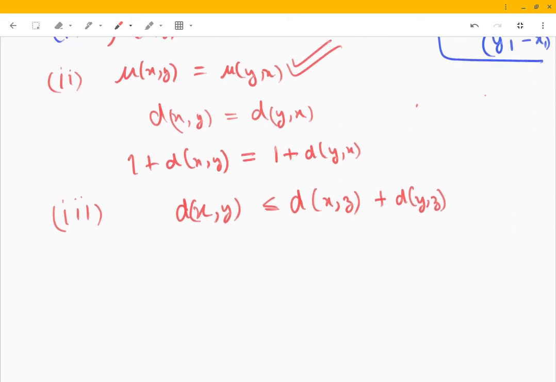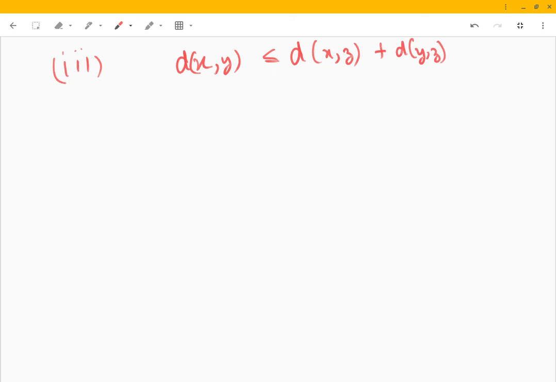This we are sure of. Now we have to put mu here. How do we do that? For mu we need, okay, let's try it. I can't remember, but yeah, let's give it a try.